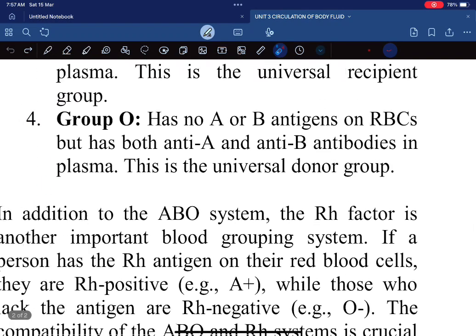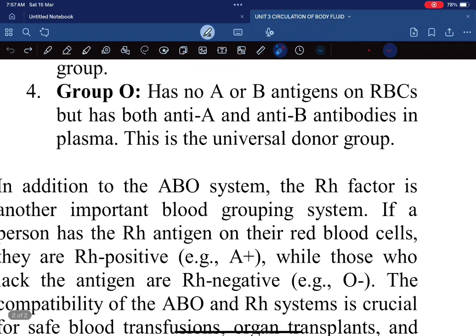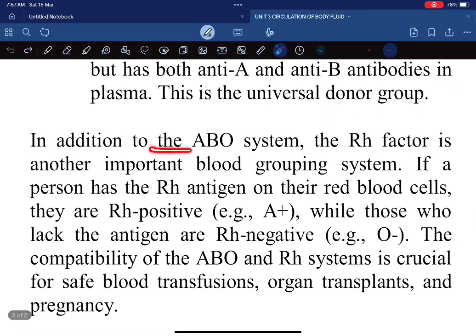Group O has no A or B antigen on RBCs but has both anti-A and anti-B antibodies in plasma. This is the universal donor group. In addition to the ABO system, the Rh factor is another important blood grouping system.